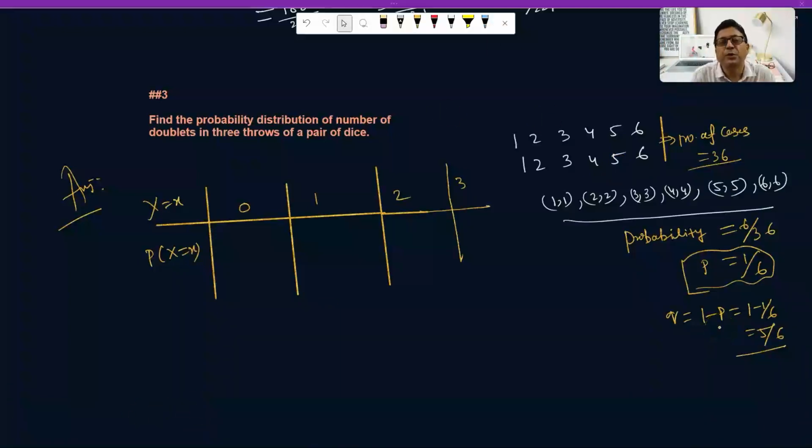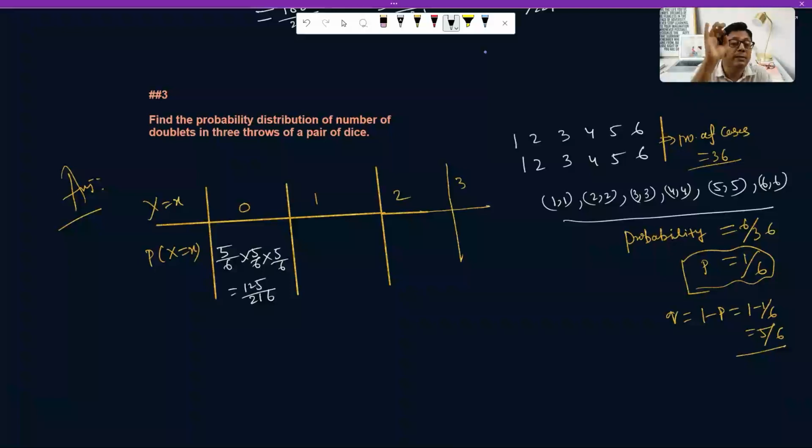It means it is going to be the product of Q, Q and Q, that is 5 by 6 into 5 by 6 into 5 by 6, 125 by 216. Clear? No doublet, no doublet, no doublet. Their product.